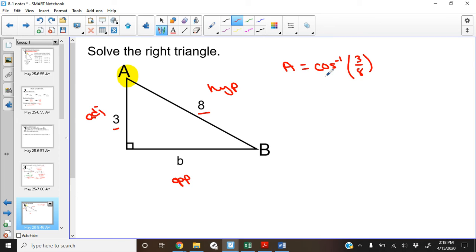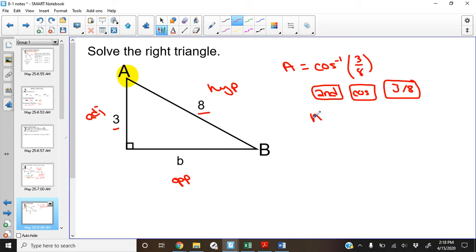So just make sure in order to get this inverse, you are not just typing in an exponent of -1. Make sure you hit the second button first and then hit cosine. And then you can type in 3 divided by 8. Or you can put in a fraction if you really want, but you don't need to.